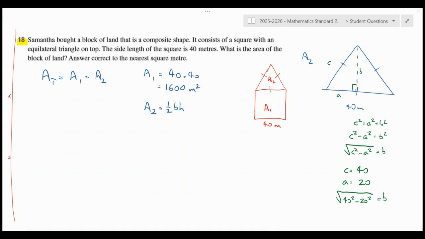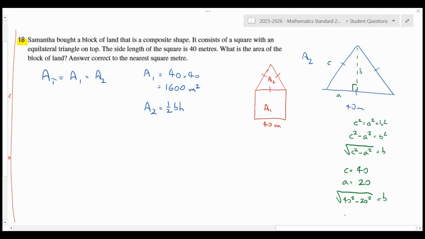If I put that into a calculator, the square root of 40 squared minus 20 squared, that gives me an answer of 34.64101615.